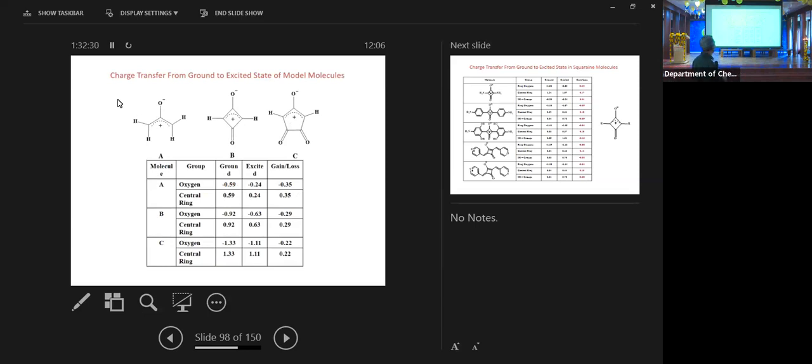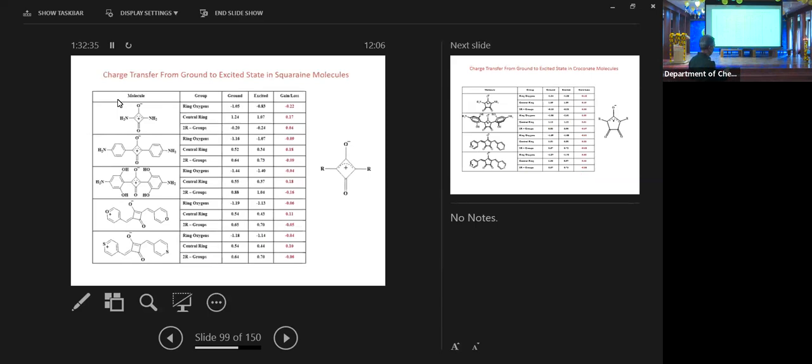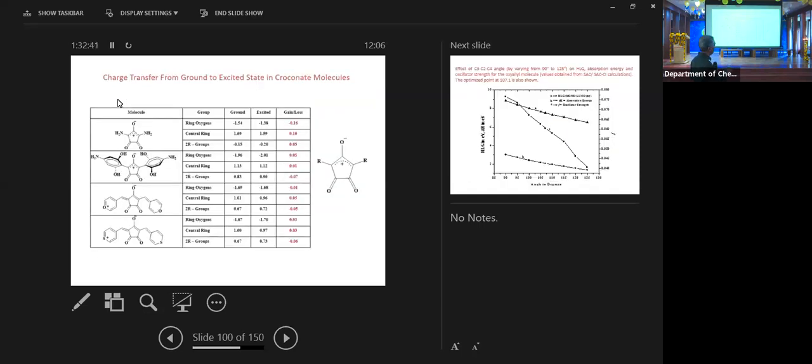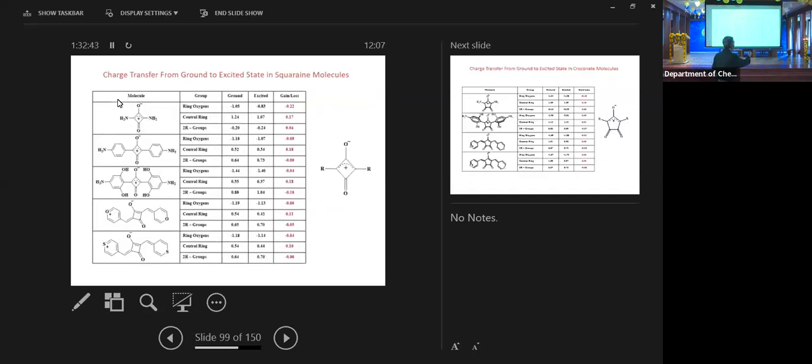You change the groups. In fact, if I change the groups to even bigger real groups here, for squarates and for croconides, I find the gain and loss of electrons, which is again a theoretical study only, because experimentally you cannot measure the charge residing on an atom in a molecule.